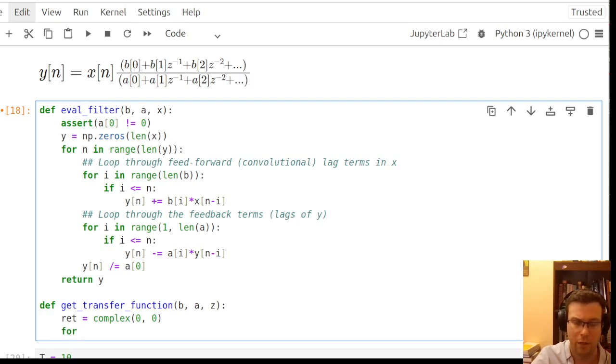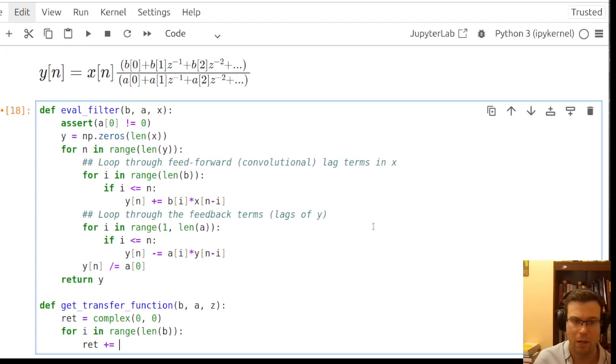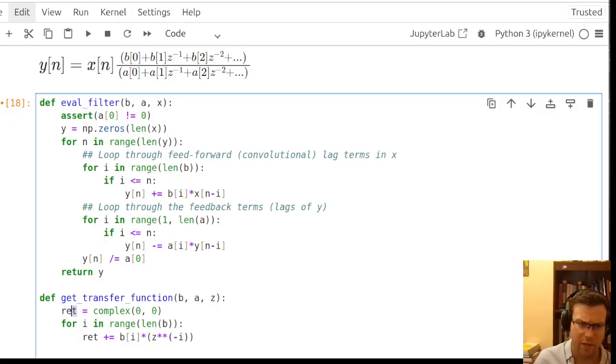I'll say for i in range length of b, I'll say result plus equals b of i times z raised to the negative i. And actually, let me just say that that'll be the numerator.